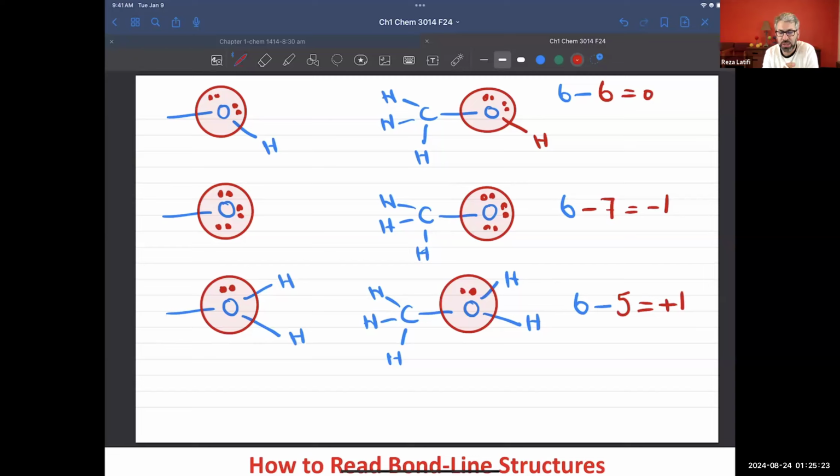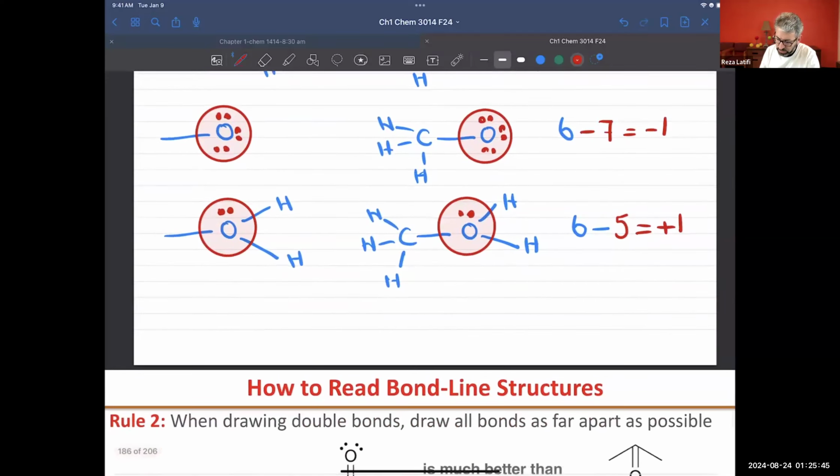It depends on how many hydrogens are sitting on oxygen; the formal charge is changing. If you have 1, it will be 0. If you have 2 of them, it will be +1. If you don't have any hydrogen attached to it, while oxygen is attached to 1 carbon through a single bond, not a double bond, in that case the formal charge will be 0.